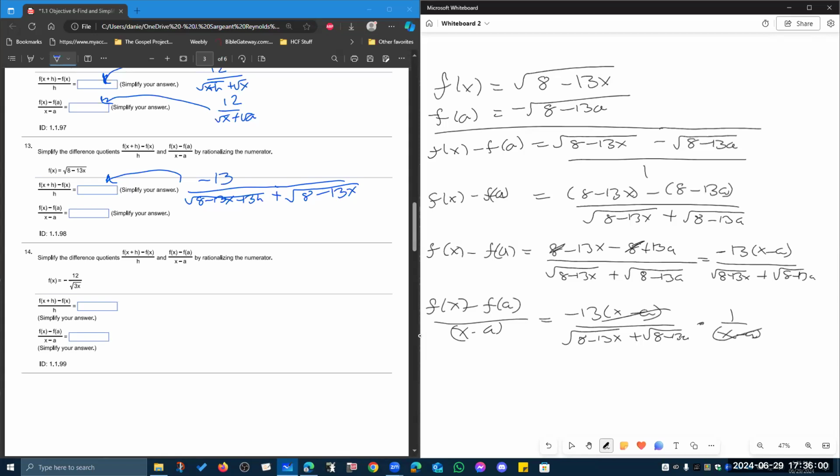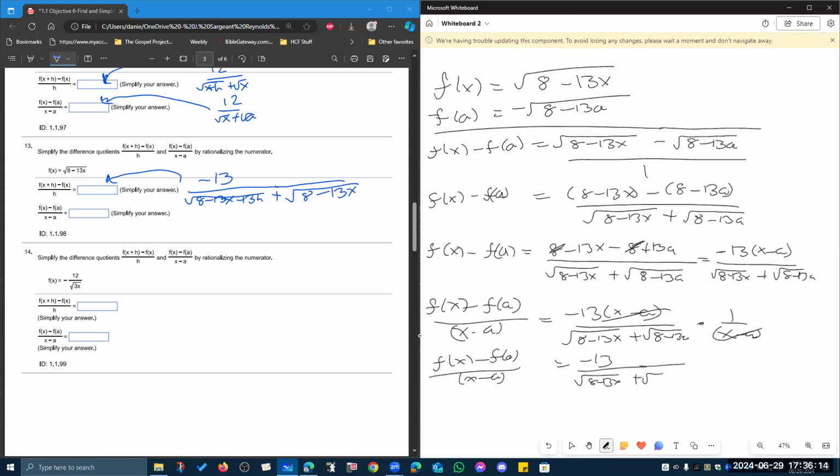So f of x minus f of a over x minus a is a negative 13 over root 8 minus 13x plus root 8 minus 13a.